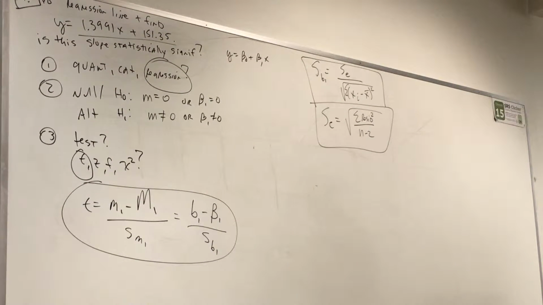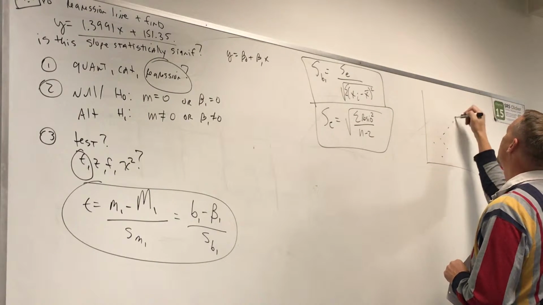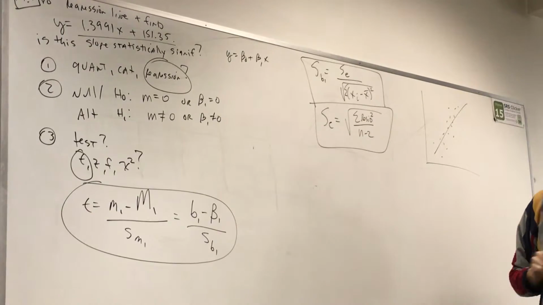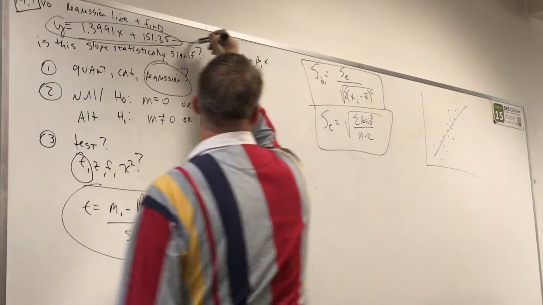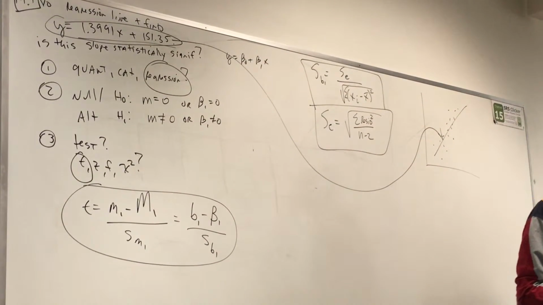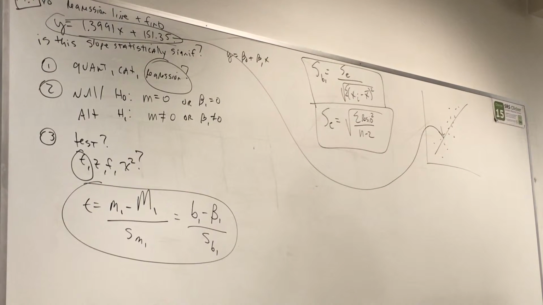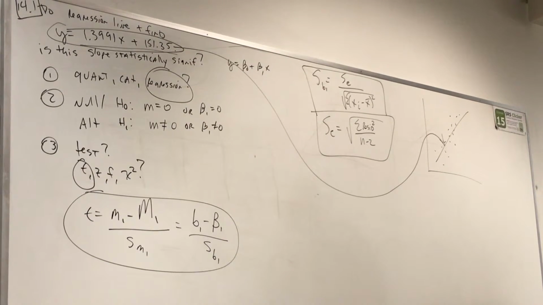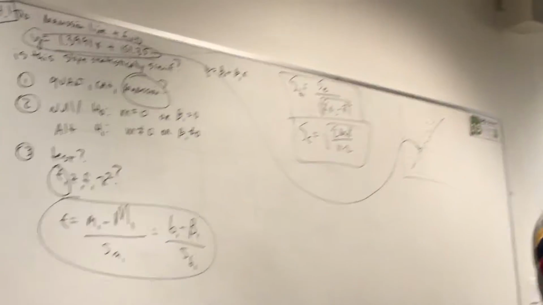Okay? So just as a reminder, what's going on here is we've got some points here. We've got a regression line, right? So this regression line that I just found is that equation right there. Now, let's talk about residuals.